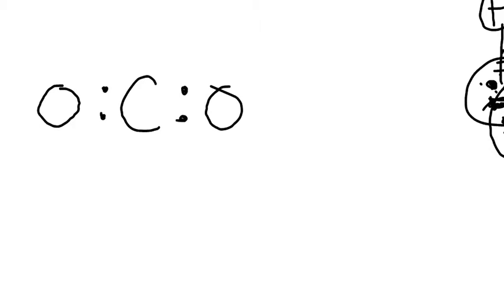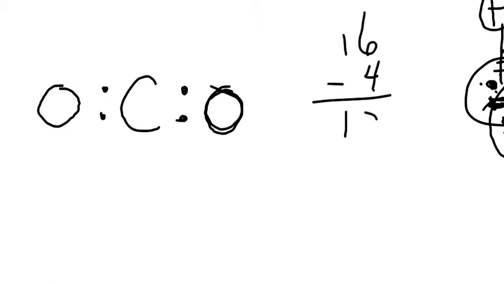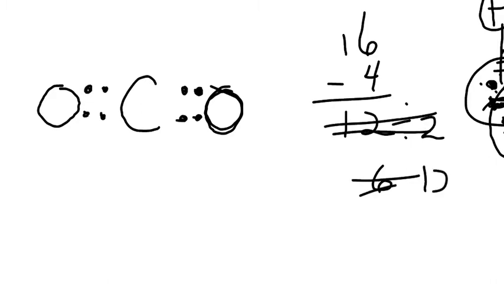Alright, so I've created a single bond. And remember, I had altogether 16 electrons. I've used 4, and now I have 12 left. Instead of giving 6 and 6 to each oxygen, I'm going to put another pair of electrons between carbon and oxygen here and here. So I'm going to use another 4, and that gives me 8.